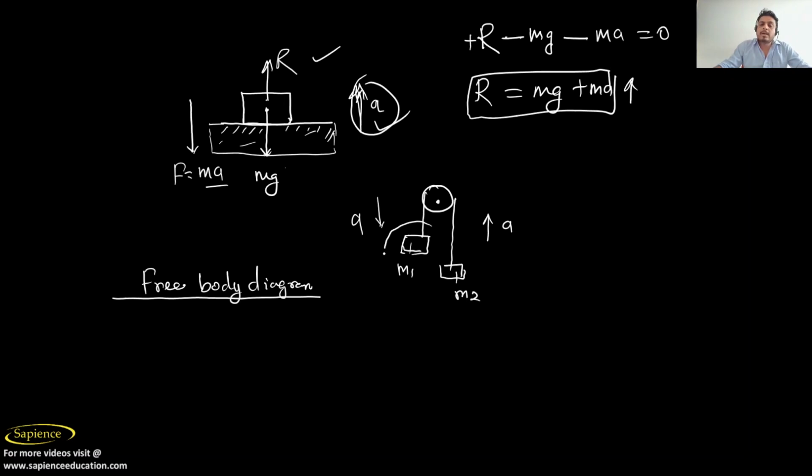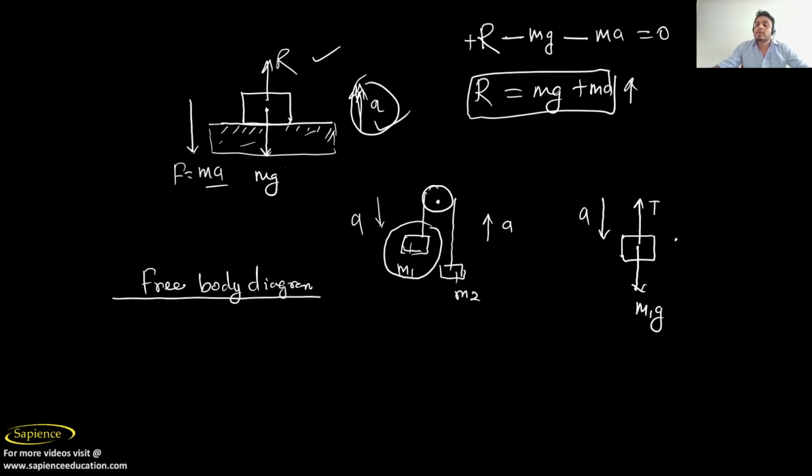For example, I will take mass m1. Which type of force is acting on this mass? First of all, the force which is acting is m1 into g, in downward direction, that is force due to gravity. Second force which is acting on this object is tension force T. As this body is accelerating downward, another third force is what?